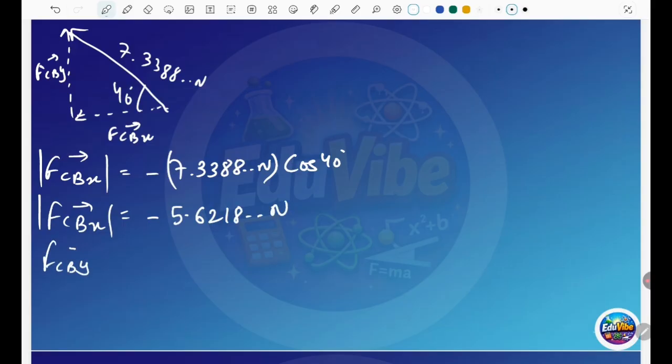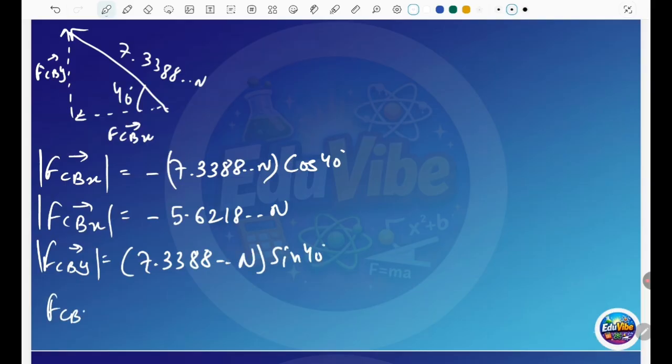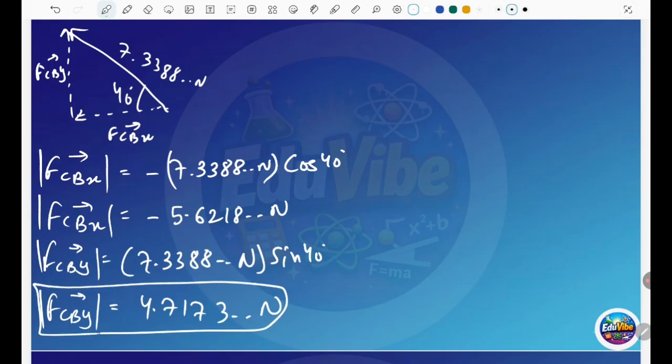For FCBY, you take it as positive, and now we have sine 40 degrees. When you calculate this, you get about 4.7173 newtons. So this is for the y and this is for the x, for CB.